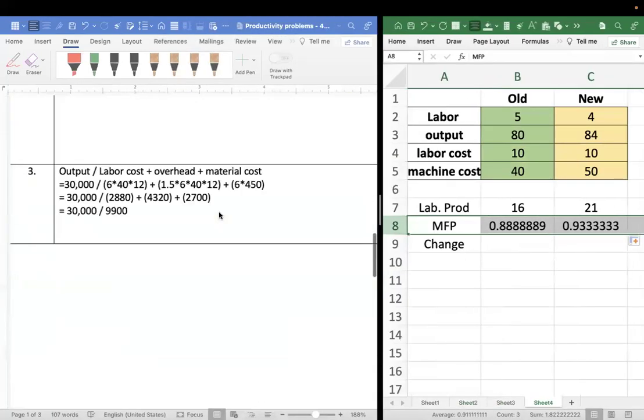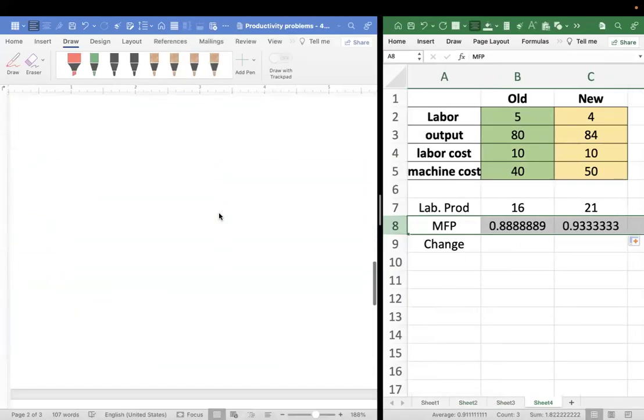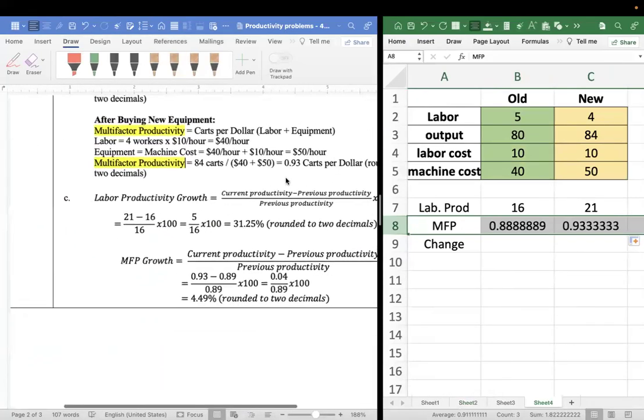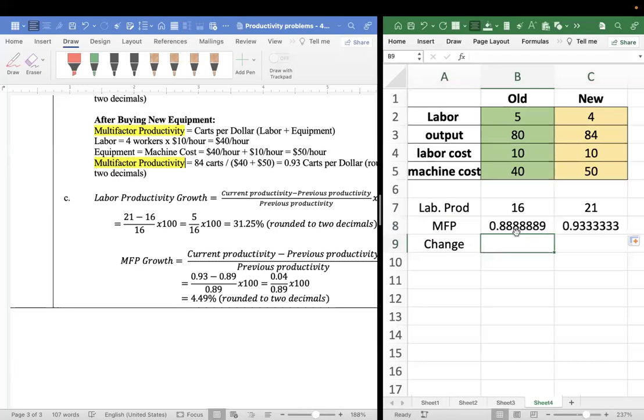It's also given here. As you can see, this change in productivity is current productivity minus previous productivity, divided by previous productivity. So let's go with this one. Let's say, for instance, I go with multi-factor productivity. So that would be current productivity, and let me put it in parentheses.